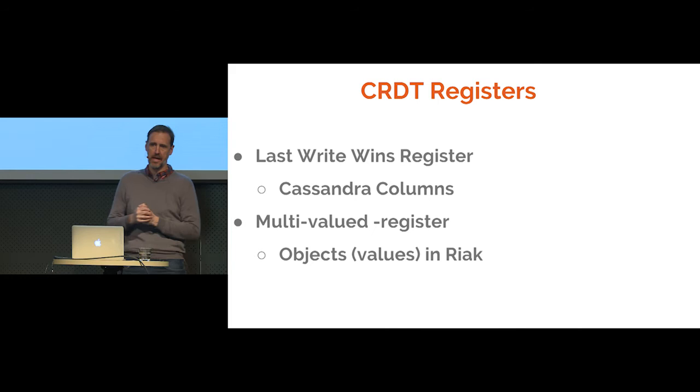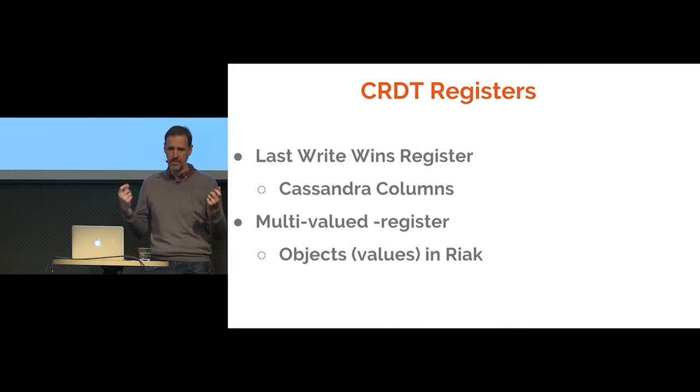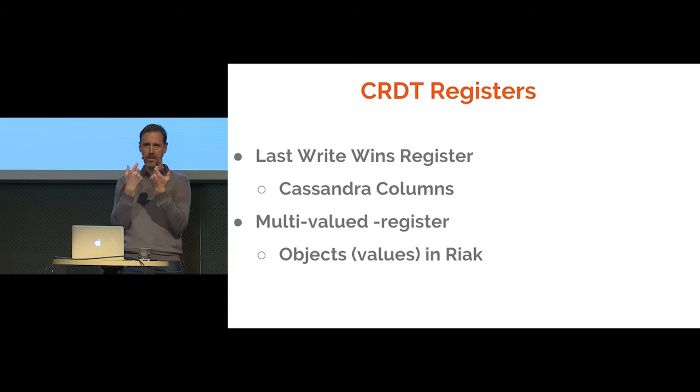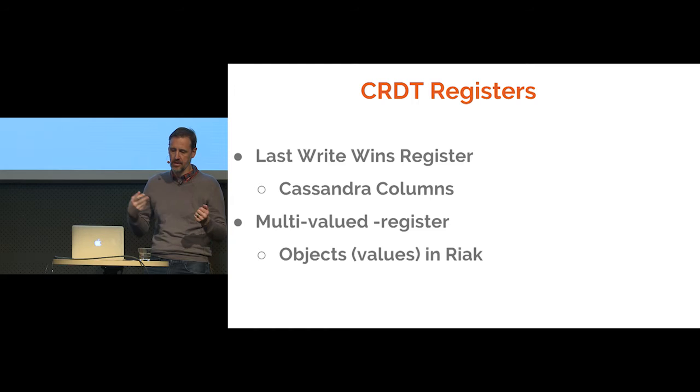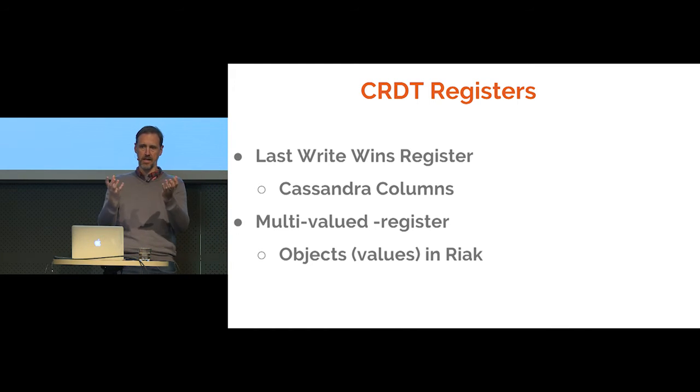So with Cassandra's last-write-wins, if I have two conflicting writes to a column, I'm going to look at the timestamp and see which is the latest, and the latest timestamp wins. So it's a way of resolving those conflicts and knowing what the final value is going to be. In Riak, what it does is a multi-value register. It basically says, let the business decide, right? I'm going to store both of those values and let the application decide.